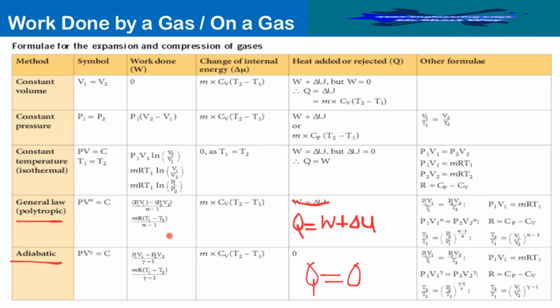Polytropic and adiabatic are very similar, just that with an adiabatic process no heat is added to or rejected from the system. With Q being 0, we know that work in this instance is going to be equal to basically this.